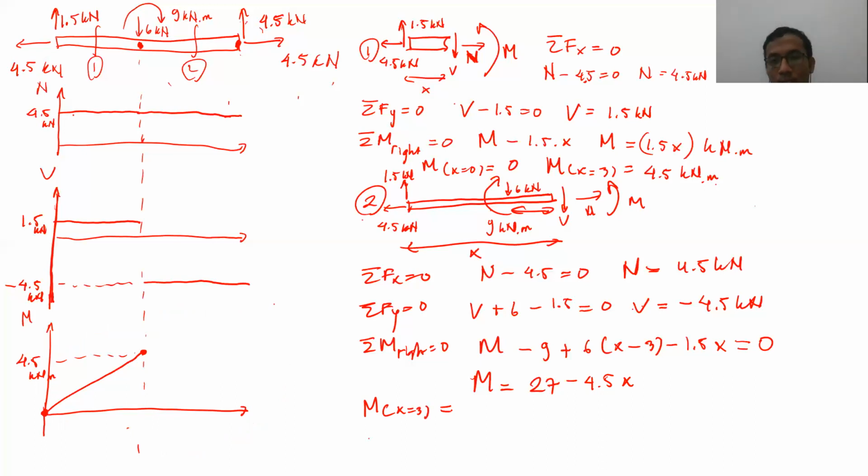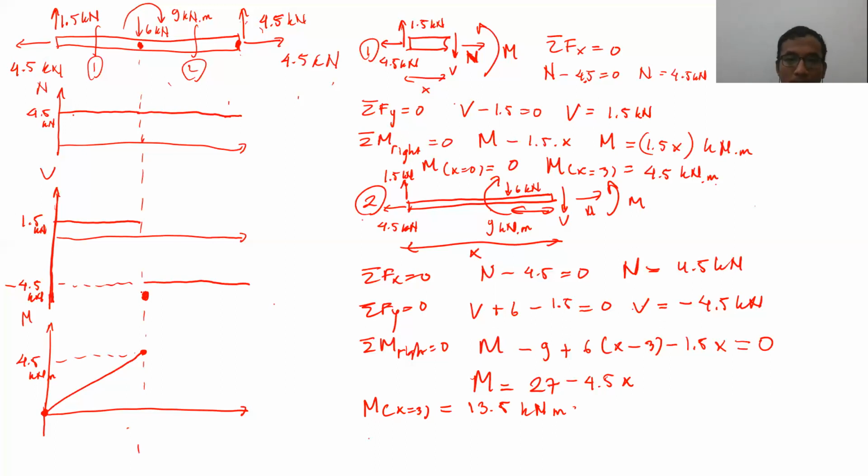At x equal to 3, okay, the value is supposed to be 13.5 positive kilonewton meter. Okay, supposed to be roughly here.